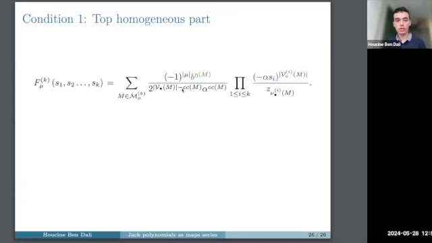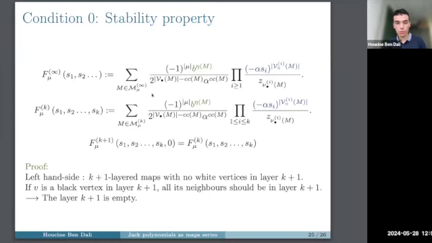So, in particular, we know that for a fixed mu, the sequence of f mu k's defines a projective limit. So we can try to check the three properties of the characterization theorem on polynomials in k variables. And if you check it for any k, then we have the properties in the projective limit.